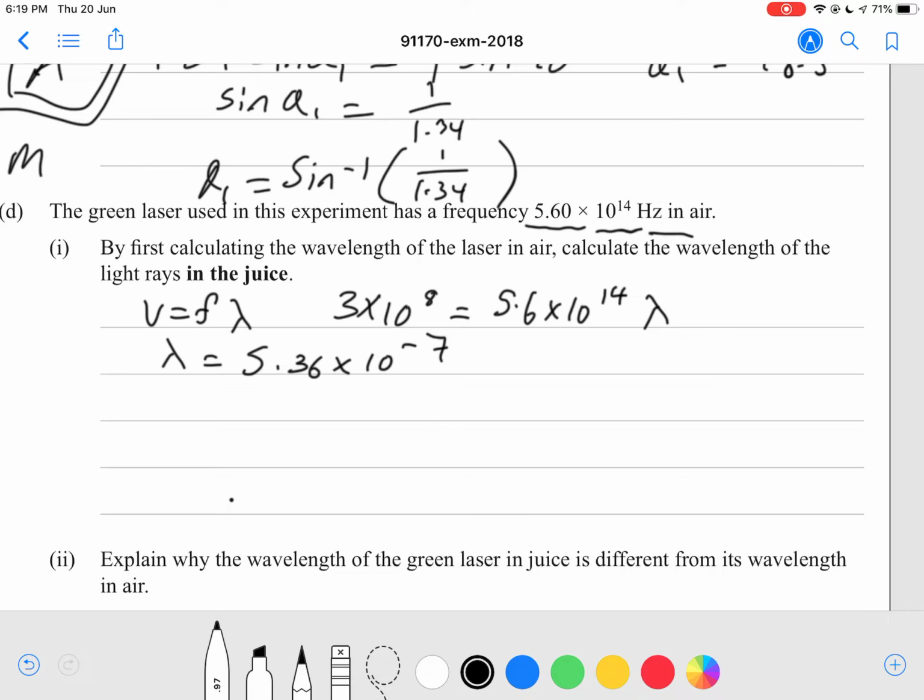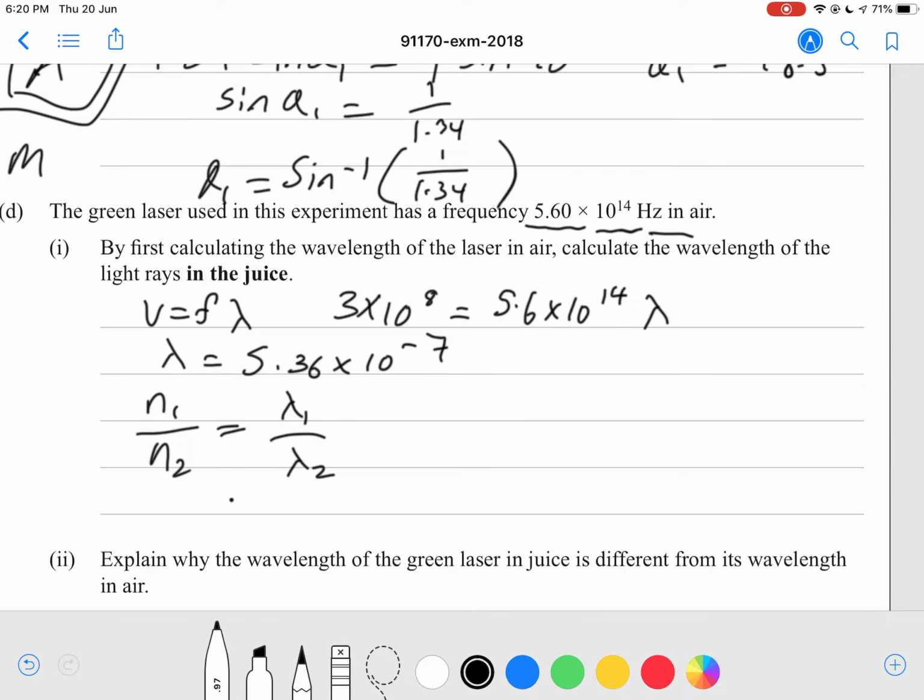Now we have to calculate the wavelength of the light rays in the juice. We'll use the equation n1 over n2 equals lambda 1 over lambda 2. So our initial refractive index over our new refractive index equals our original lambda over our new lambda.